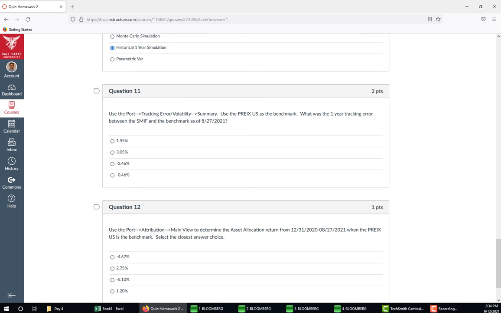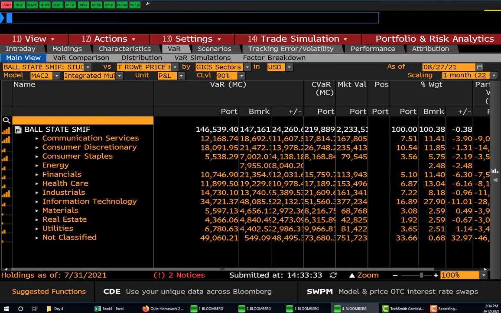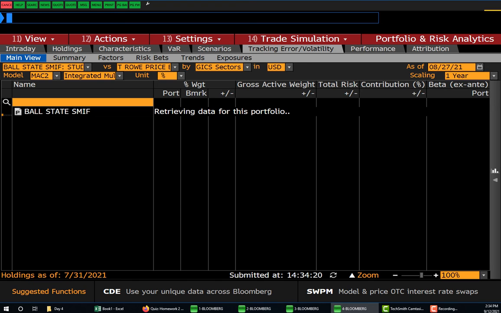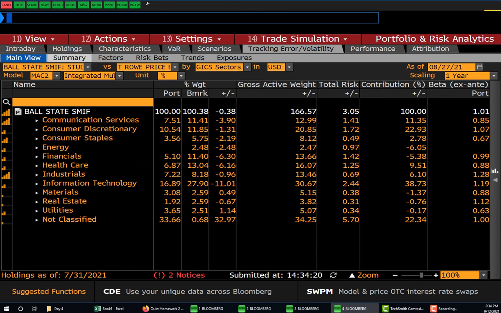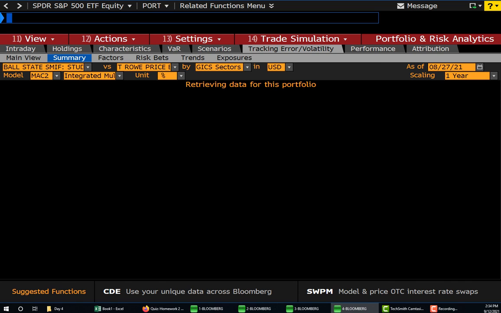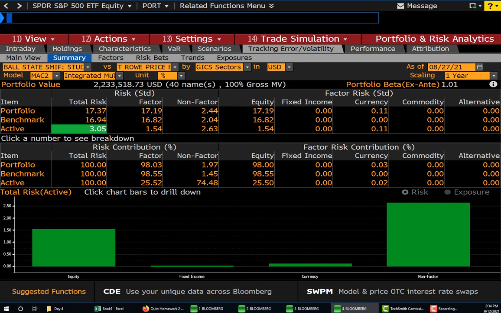Okay, next, use the PORT function and determine the 1-year tracking error between the Smith and the benchmark. So we'll go to tracking error, and we'll give that a second. And we want to go over to summary. And here we go.